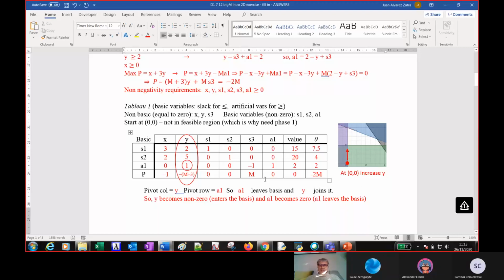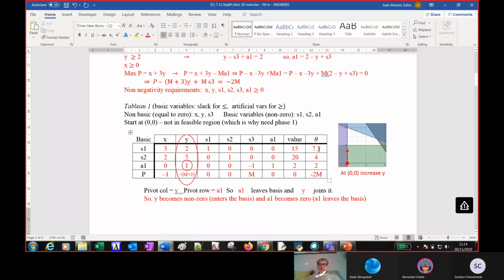We look for the negative ones. There are only 2, under x and under y. Under x, we have minus 1, and under y, we have minus M plus 3, where M is a large positive number. So minus M plus 3 is going to be a large negative number, much larger than minus 1. And that tells us that the pivot column is the y column. Are we happy with that? Yeah. Good.